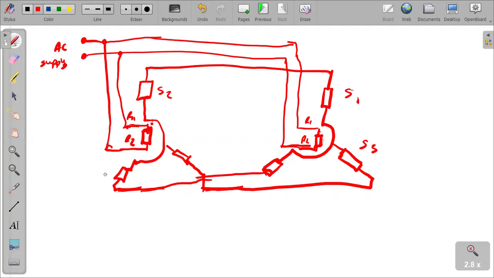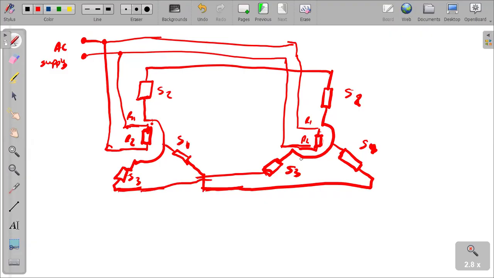S1 is at this point, and that's S3 there. By the way, this is marking S2. This is S1, which is also interconnected to S1 here. There is our diagram marking.